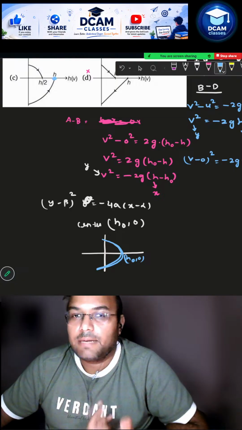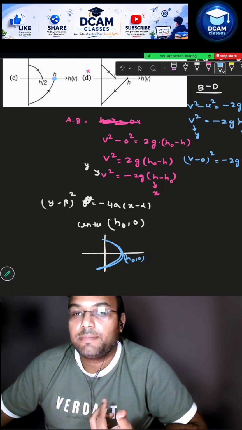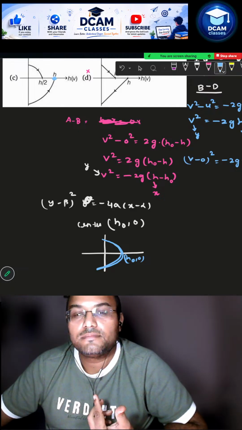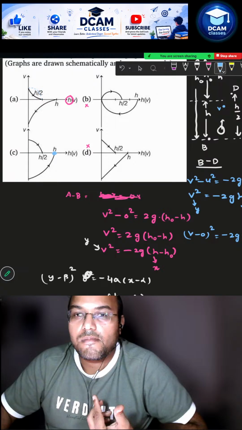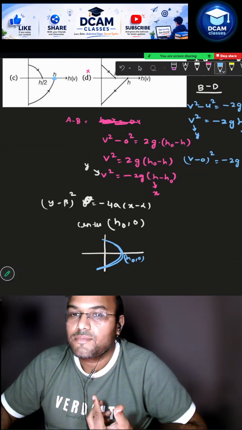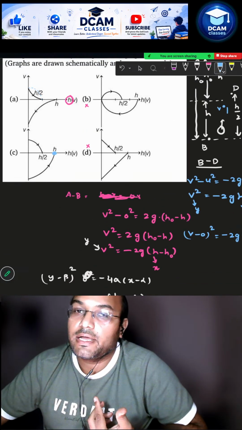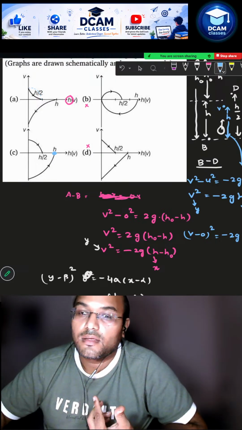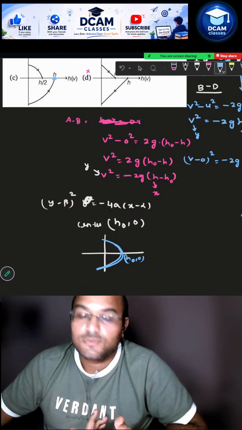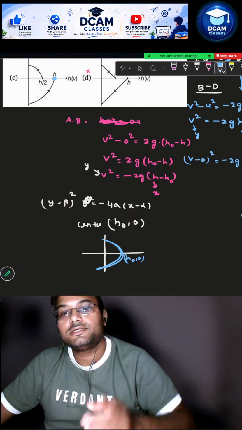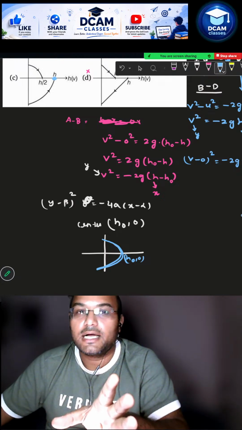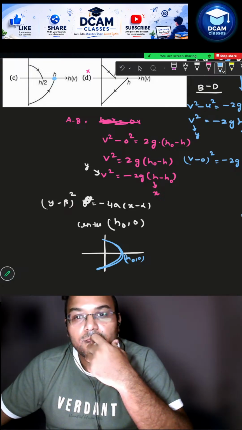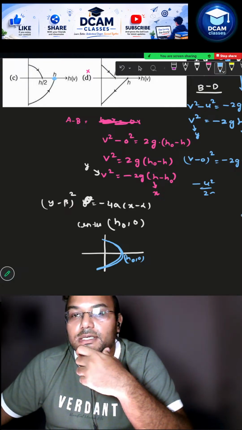So here in the upward motion, the y versus h graph is, see, don't confuse, I have again taken this height h. This has a height h in this equation. So this is the graph y square is equal to minus 2gh. Again the same type of graph, whose center is minus u square by 2g comma 0.